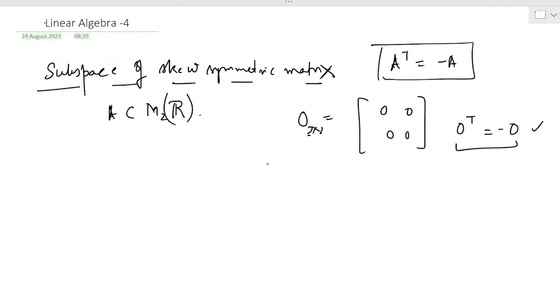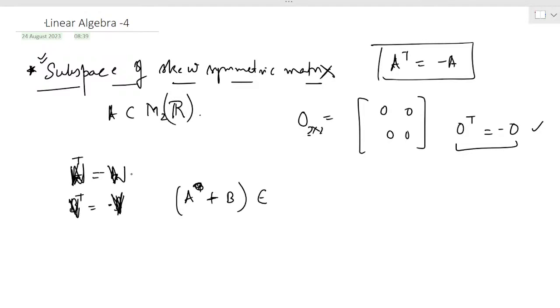I'm just showing this for those people who have missed the classes on subspaces. Let me take two matrices W and B in this skew symmetric space, and see whether their linear combination also belongs to A or not.